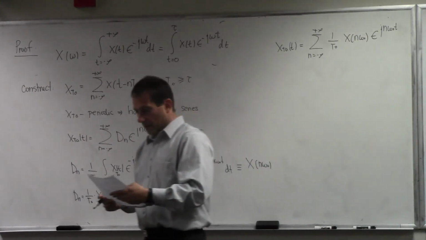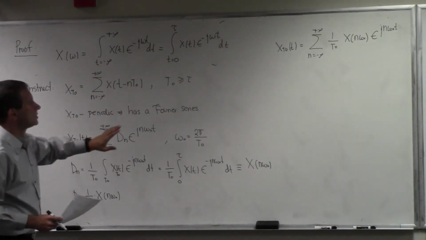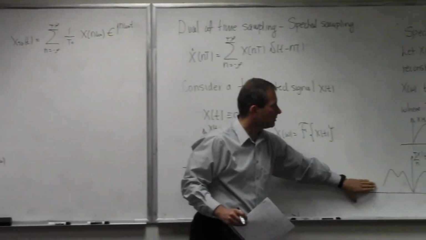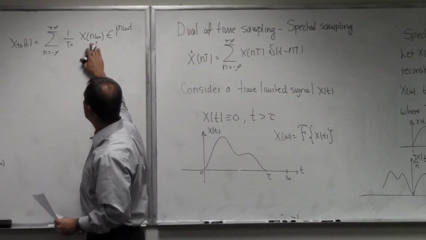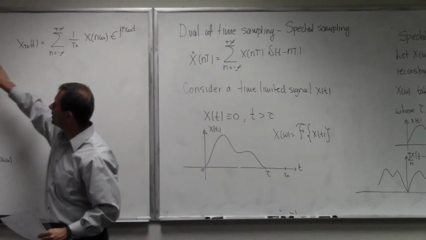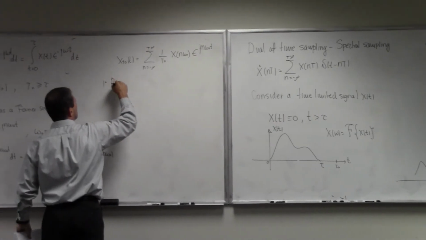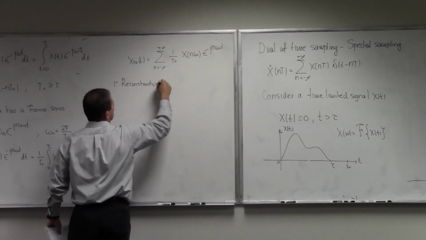So now, this is the periodic extension. I can represent this periodic extension in the time domain by looking at the samples of the spectrum of the original signal. So we have two reconstructions. Let's first look at reconstruction in the time domain.